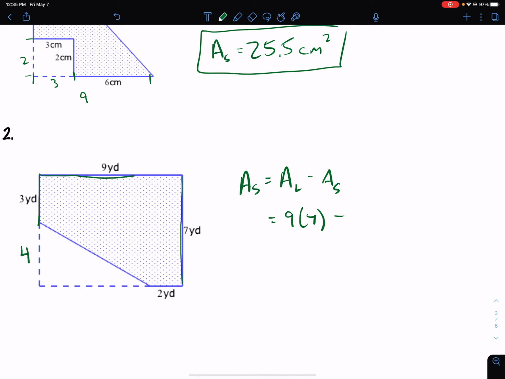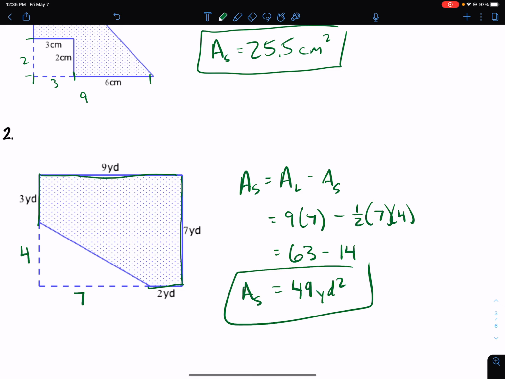All right, if the top part is 9, and I subtract the 2, then the bottom of this triangle must be 7, okay? So then it's 1/2 base times height, okay? So this is 63. That's 28 of that is 14. So the area of the shaded would be 49 yards squared.